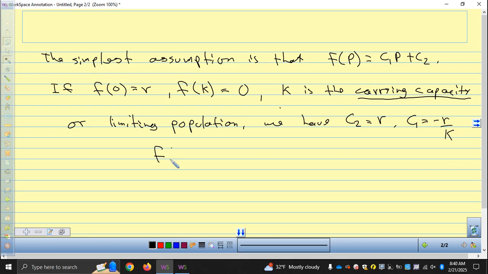So f of p in that case is r minus r over k times p. And our equation, dp dt, is p times r minus r over k times p.